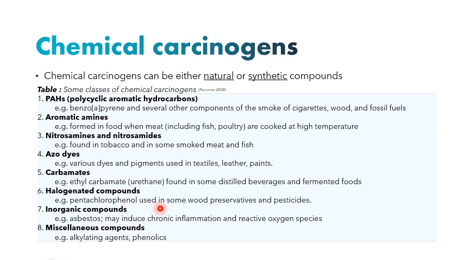Some inorganic compounds induce chronic inflammation and reactive oxygen species, like asbestos. These are mostly the most common chemical carcinogens.